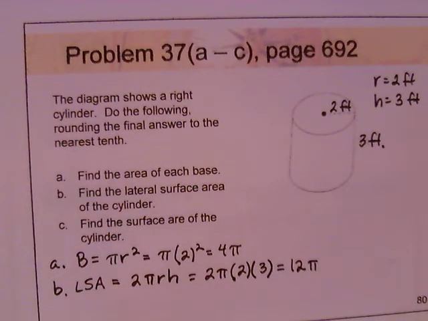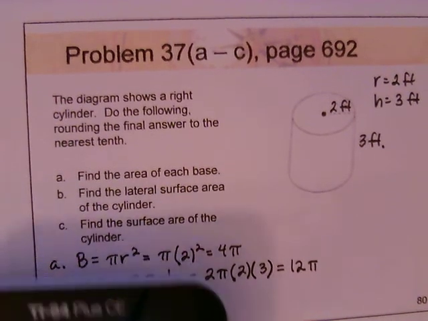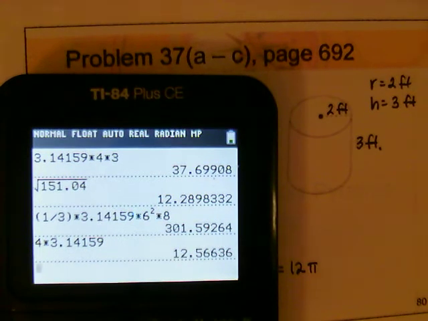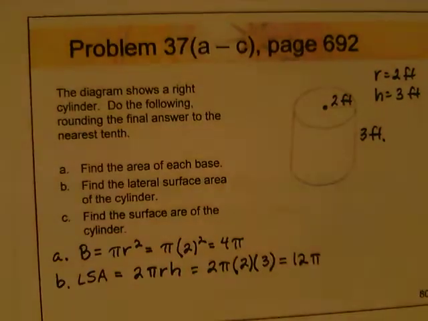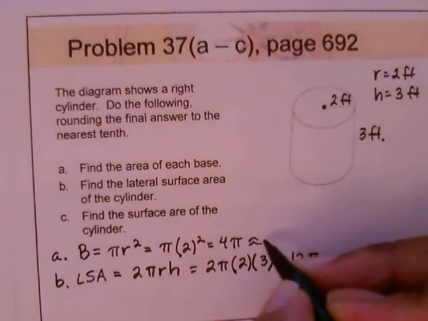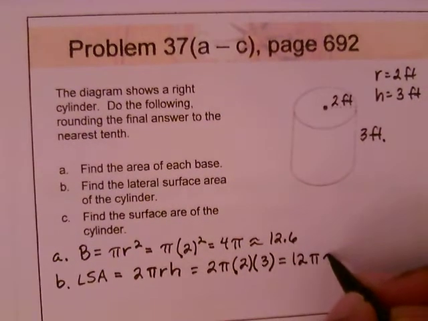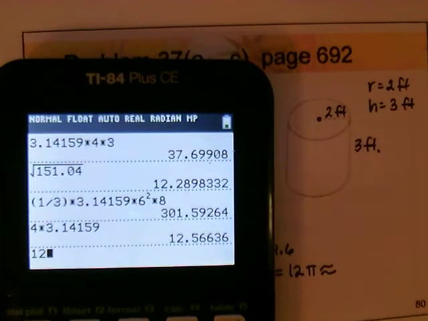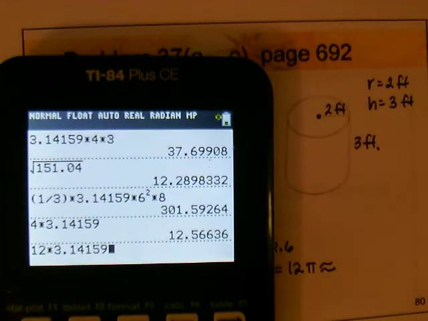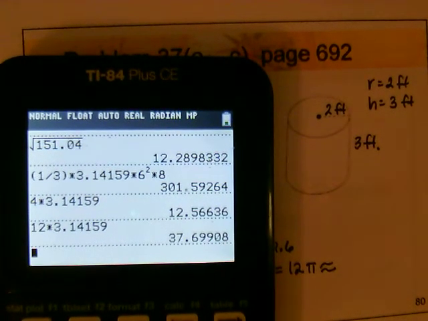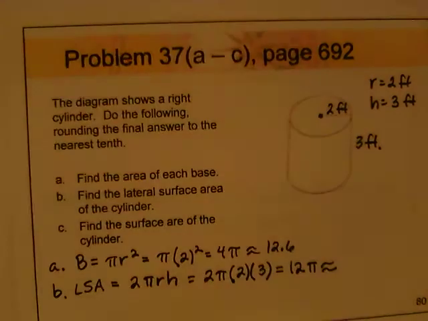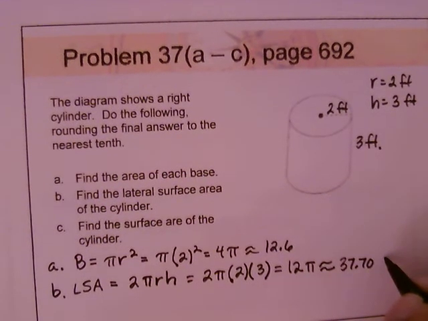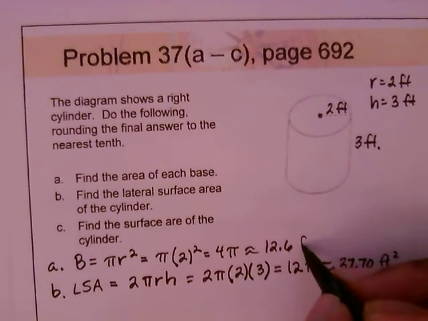Or better yet, I think they want this to 1 decimal place. When I did 4 times 3.14159, I rounded this off to 12.6. So this will be approximately 12.6 for part A. And I might as well do 12 times 3.14159 as well. This will be 37.70 square feet. And the base area is also in square feet.